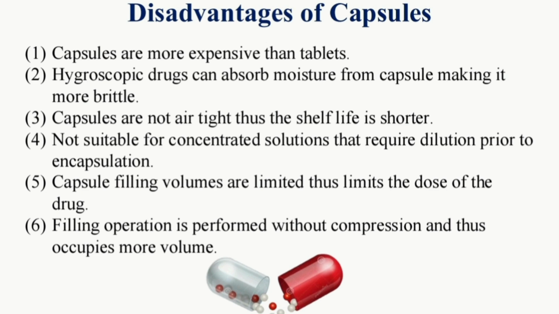Capsules have a shorter shelf life. They are not suitable for concentrated solutions which require dilution prior to encapsulation. Then capsule filling volumes are limited, which limits the dose of the drug. Filling operation is performed without compression and thus it occupies more volume.